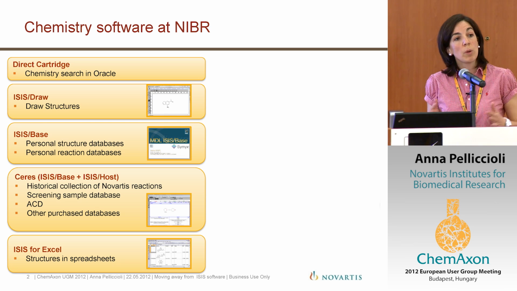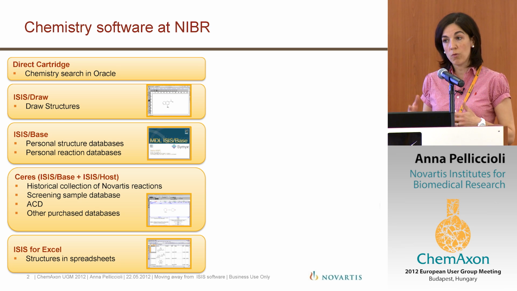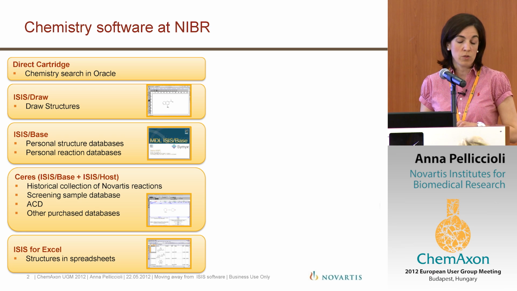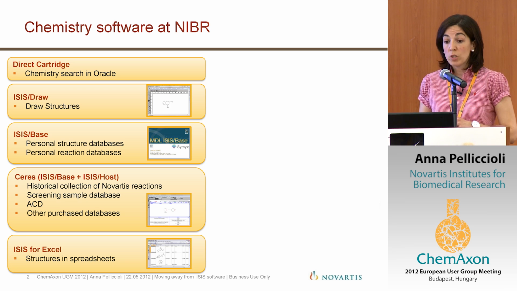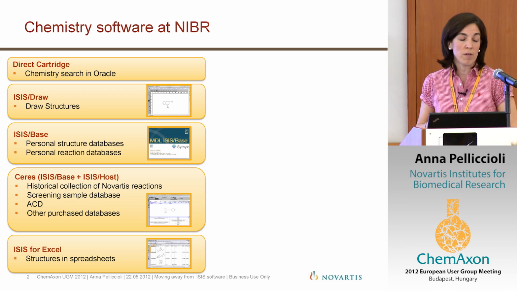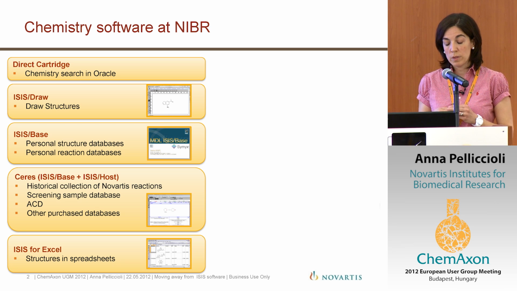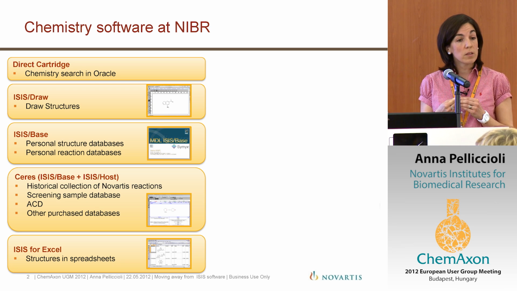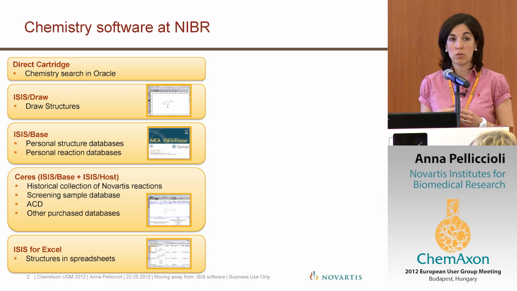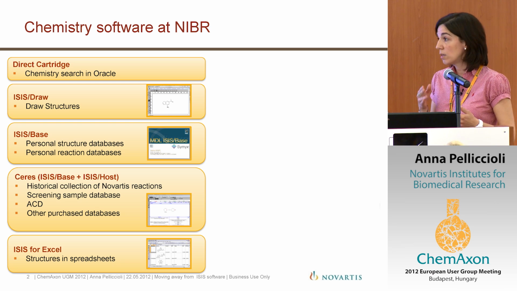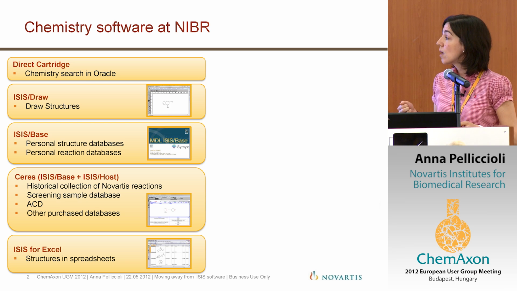Before we actually started replacing IJC, there had already been an initiative in NIBR to look into alternative chemistry cartridges, because we actually didn't just have the direct cartridge, we had 2 other cartridges. And we wanted to try and see if we could find one single cartridge to replace all of these so that we could ease maintenance, make it simpler, and also improve on the consistency across the applications.